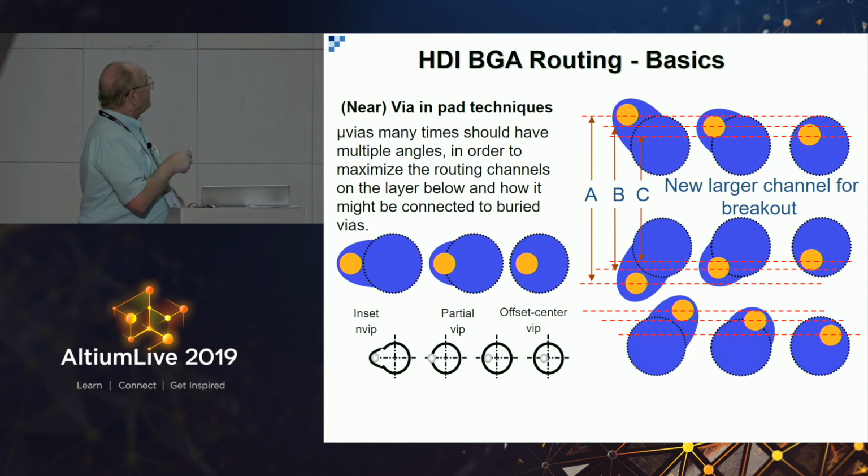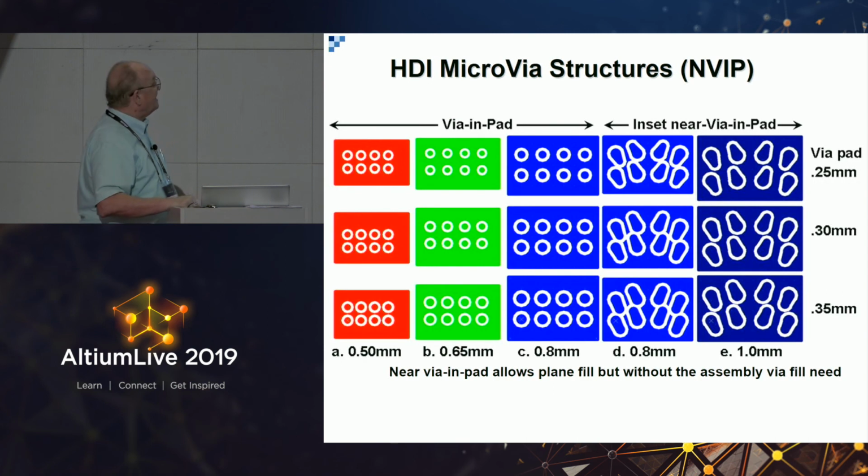You can't do this in mechanical drilling, but with laser drilling, this is perfectly okay. What you don't want to do is put that in the very center of the pad. That's a no-no. I'll show you later. You never want a via and pad to be in the very, very center of the pad. You always want it slightly offset. We'll show you some other slides about that.